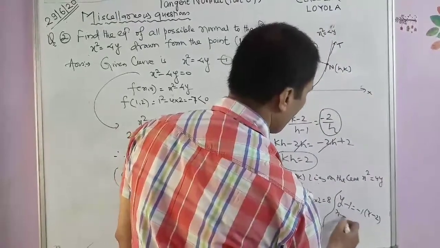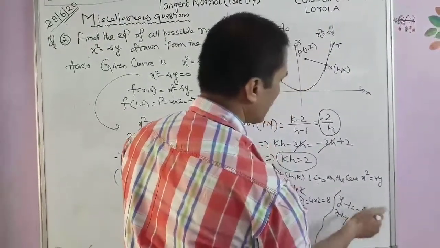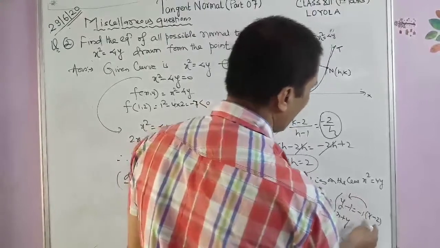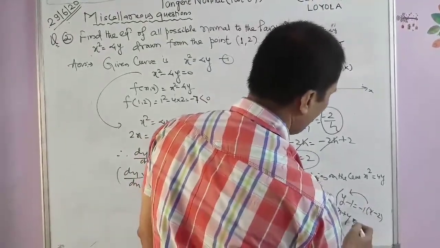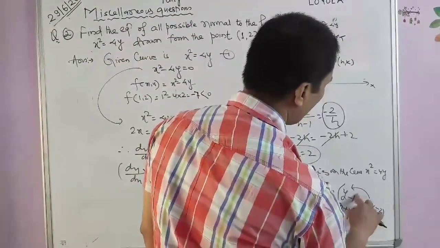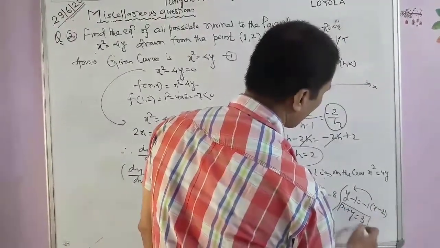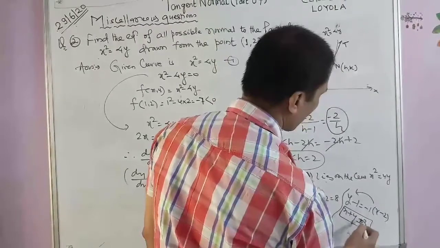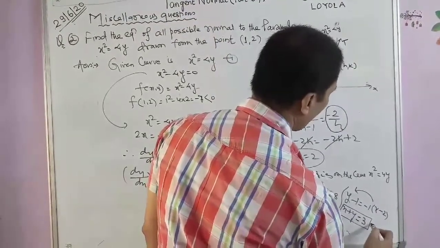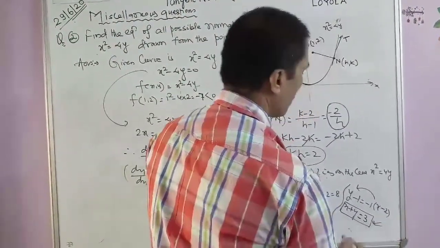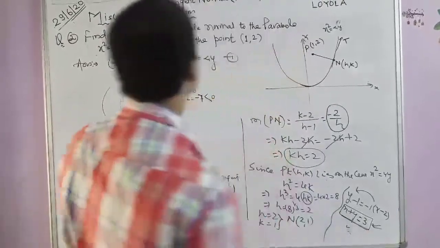So x plus y equals 3. So there is only one normal, x plus y equals 3. So the required equation of normal is x plus y equals 3.